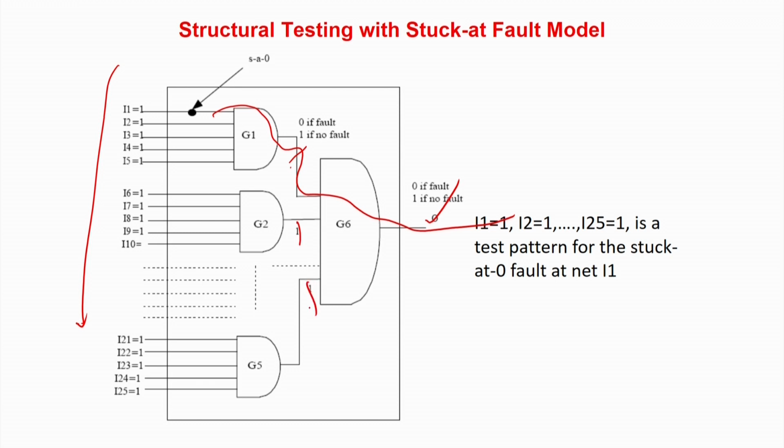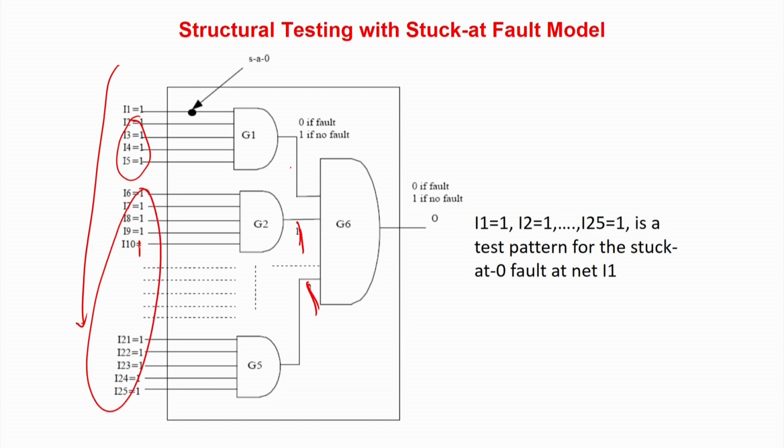If I do this, this line is sensitized to the output, so that I can observe it directly. The implication is that making all these lines 1s will allow me to see the value of this line at the output without having to put any kind of probes in between. That is the advantage of fault model based testing: I do not need any probe over here, but still I can see the value at the output.